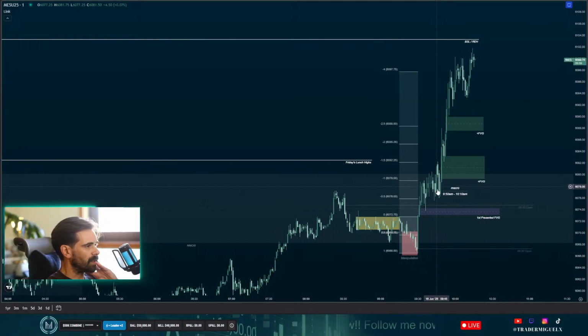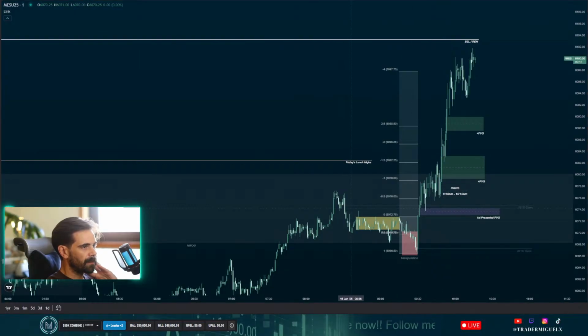This is some type of a continuation breaker. So price came to the upside, took out these lows, and then moved to the upside once again. This can eventually be some type of a continuation breaker where price tends to retest into this zone.